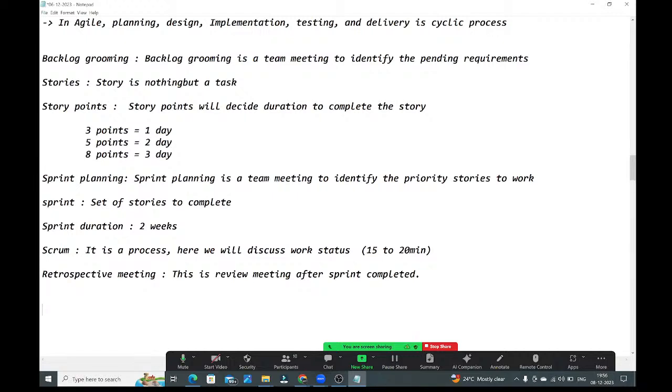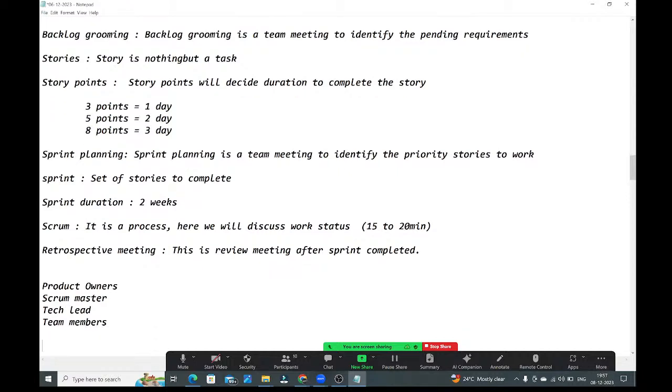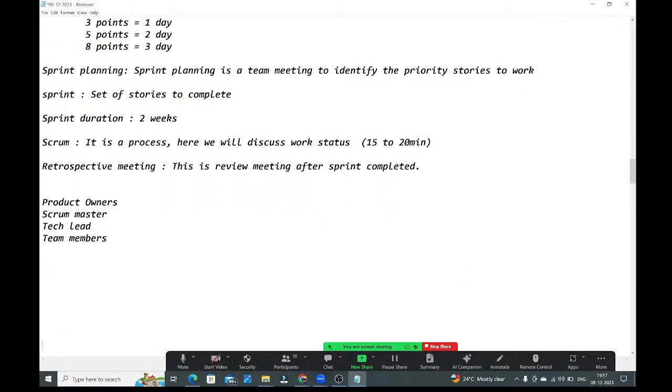We have product owners, the Scrum Master, the tech lead, and team members. Like this, different types of people will be involved in the agile process, guys.